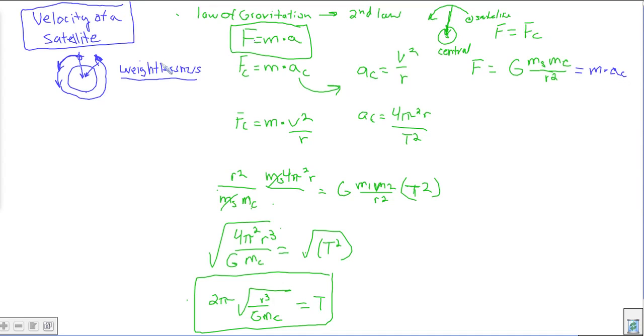And the centripetal acceleration is what? It is the little g. So this centripetal acceleration, when we talk about g as equaling 9.8 meters per second squared, that's what that is.